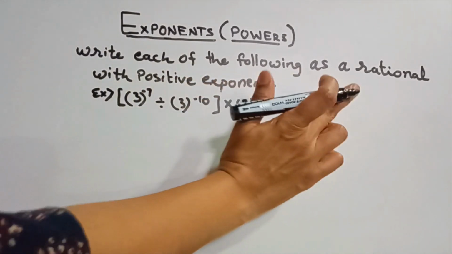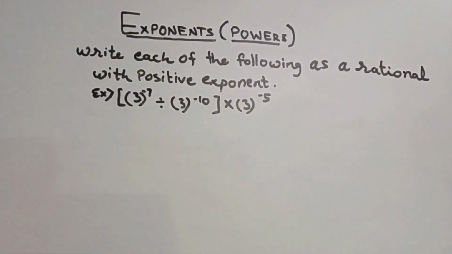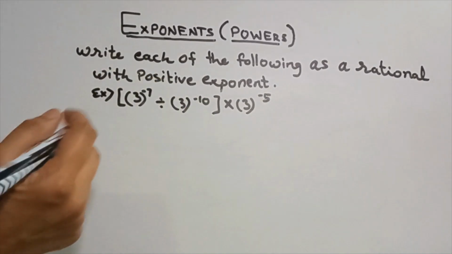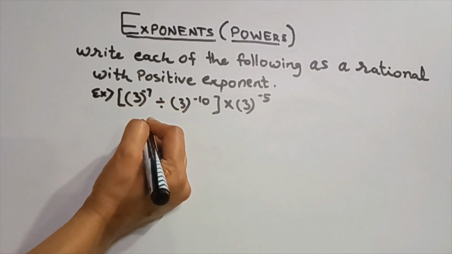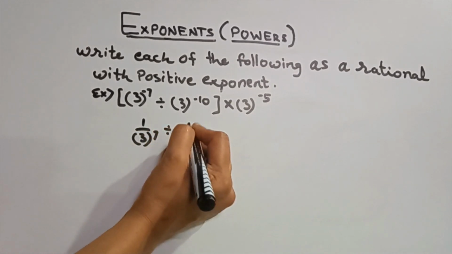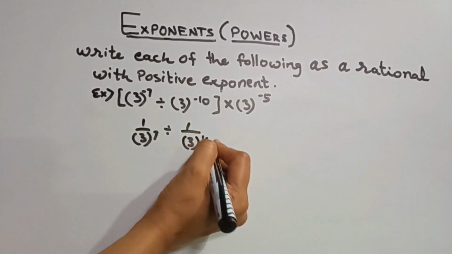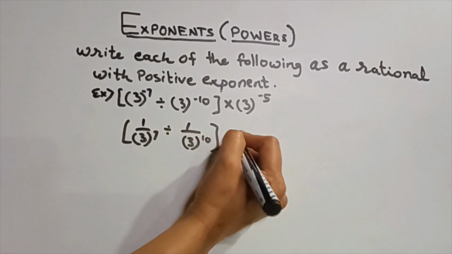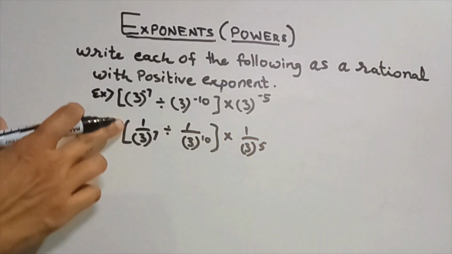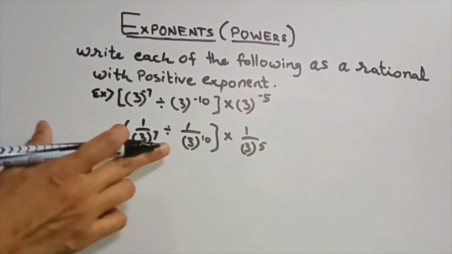Write each of the following as a rational number with positive exponents. We have to write these rational numbers with positive powers. For this, we'll write this as 1 upon 3 raised to 7 divided by 1 upon 3 raised to 10, and it is multiplied with 1 upon 3 raised to 5. See, I am just writing the inverse of it and making it positive.